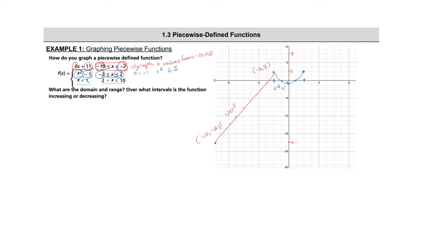Okay, and then the next one, we're going to draw x plus 1, and that's only for 2 to 10. So we're looking at 2 all the way to 10. Actually, 10 should be out here. All right, so let's draw this out. This has a slope of 1 over 1 with an x-intercept of 1.